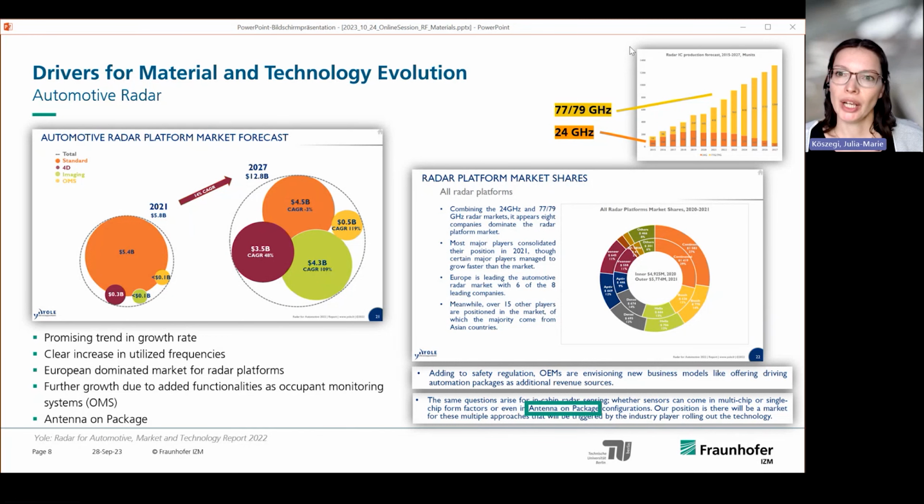What you see on the upper right here is a graph that has a yellow and an orange contribution, and the orange part down here is a radar that is at 24 gigahertz operating frequency versus the yellow one, which is 77, 79 gigahertz. The timeline goes from 2015 to 2027. What you see is really that the 24 gigahertz radar will be diminished more or less.